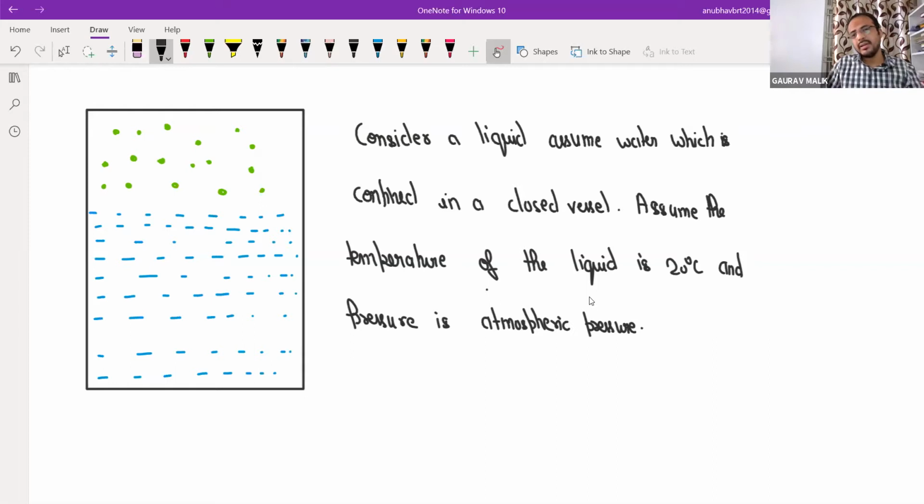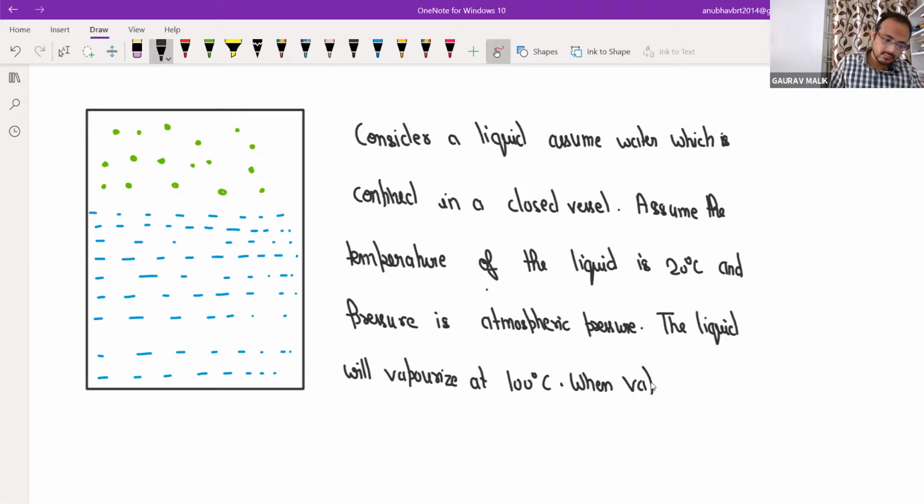Now we need to supply heat to the water, and after some time, the temperature will reach up to 100 degrees Celsius. Then the liquid will vaporize at 100 degrees Celsius.